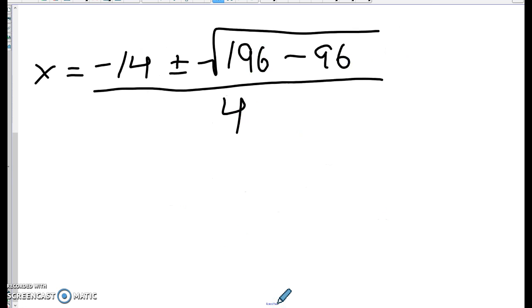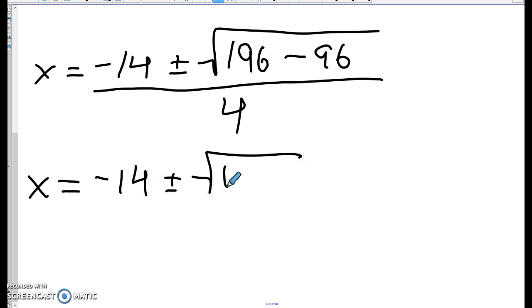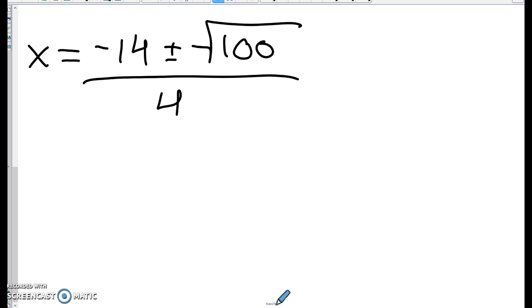And again, we can continue to just use order of operations here. We've got a root, which is the same step as exponents or parentheses. So we'll do x equals negative 14 plus or minus the square root of 196 minus 96 is 100, all divided by 4. Continue to just simplify.